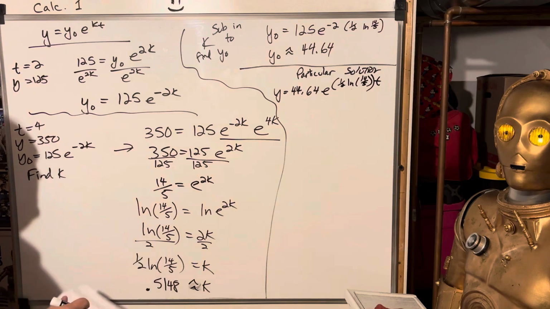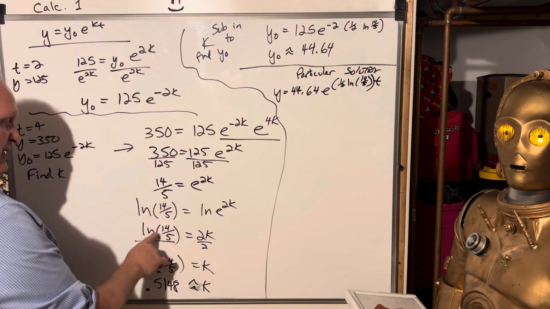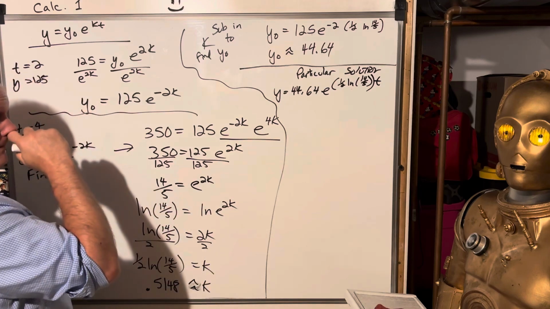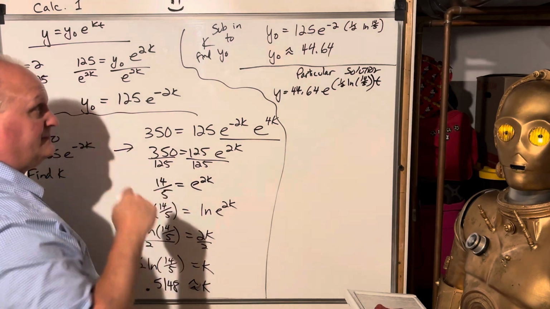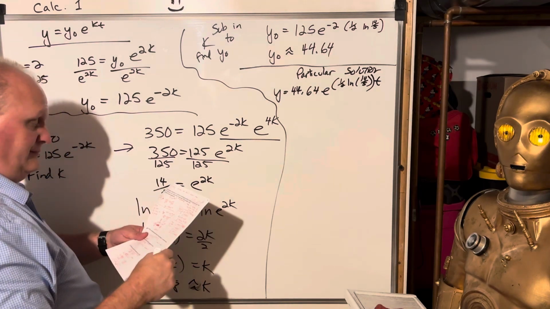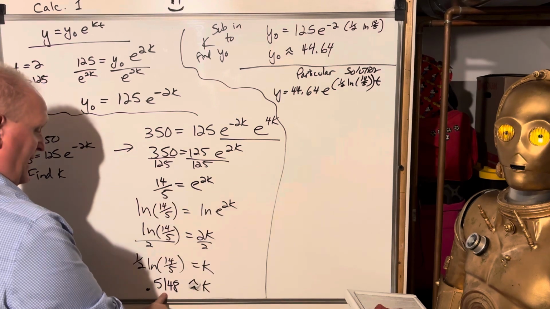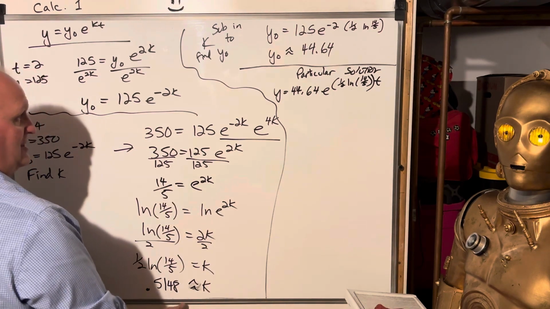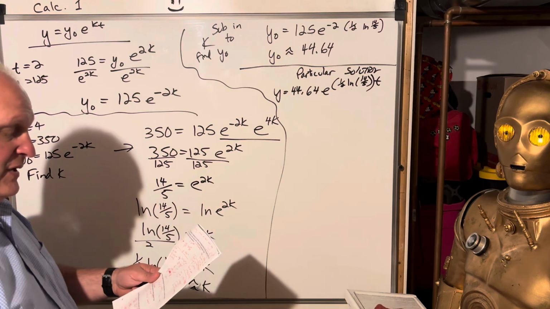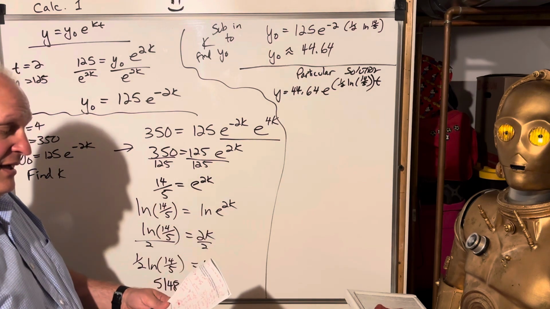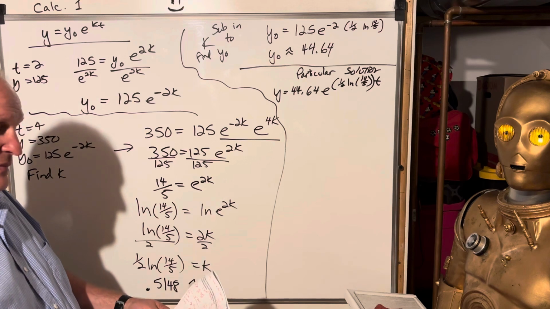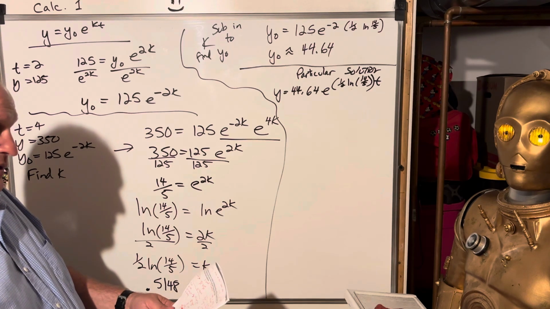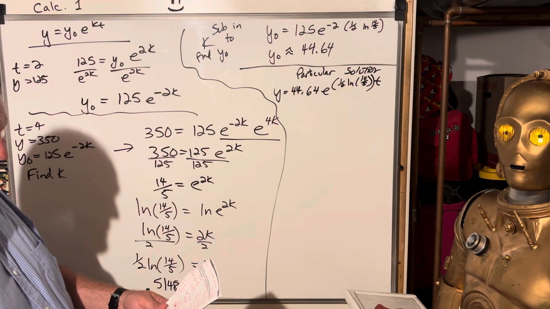So now I am using the 1/2 ln 14/5 here instead of 0.5148 because this has round off error in it. And we're talking about bacteria, and they want to know how many are there after many, many hours.